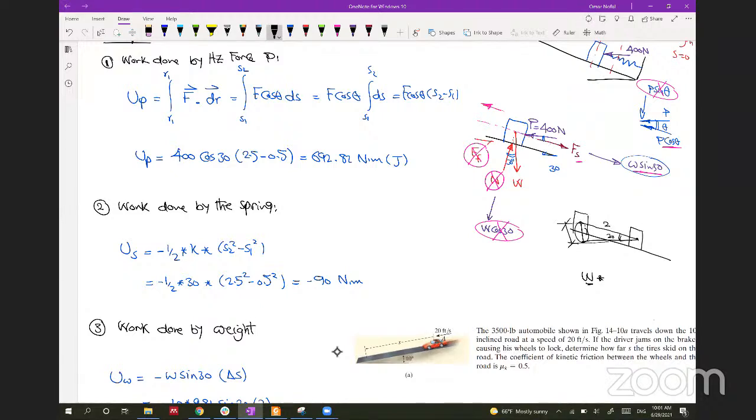So you find this delta Y and multiply the W by delta Y. And delta Y, when you finally get it, will be equal to 2 sine 30.